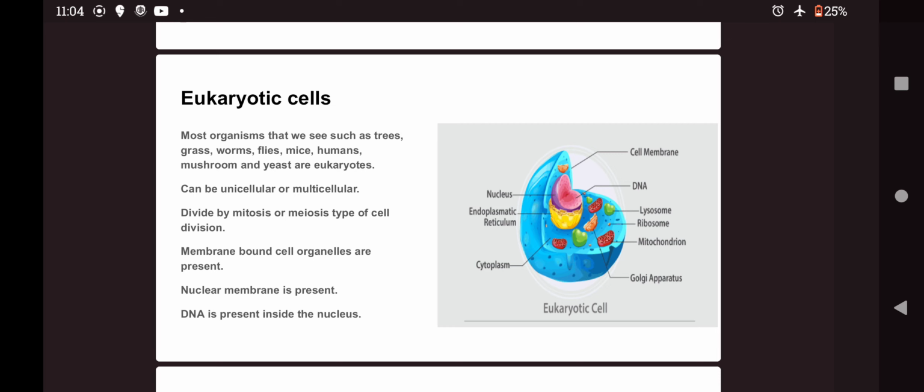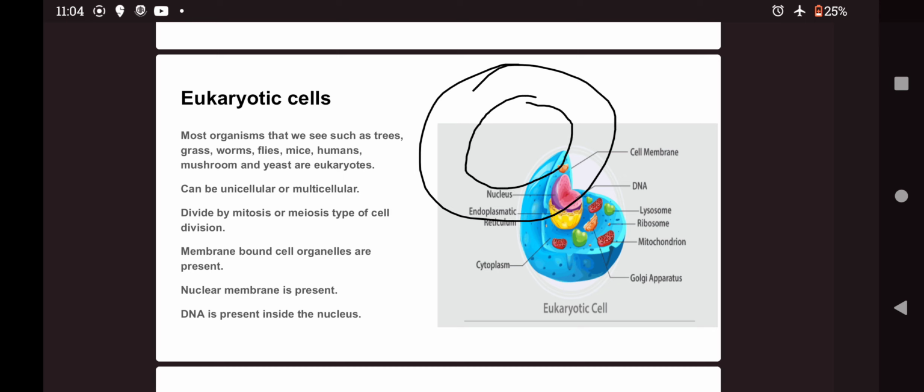So eukaryotic cell has a well organized nuclear region with a distinct nuclear membrane. The organisms composed of such cells are known as eukaryotes. So in case of eukaryotic cell, if this is a cell, then in the center the nucleus is present. Nucleus has a well developed nuclear membrane.